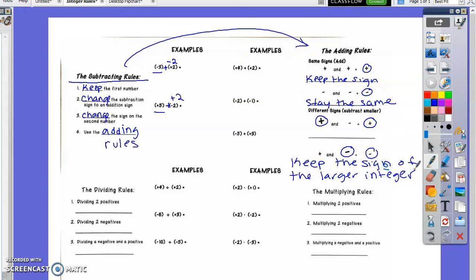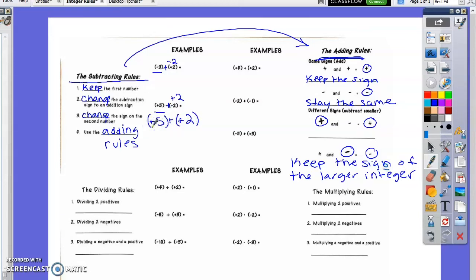Okay? So now that we know what these addition rules are, we can now complete the subtracting rules. So let's try out the second example for you so that you know what you need to do, and then you can try out the first on your own. So if we have this +5, we're keeping it as a +5. We're switching the sign to a positive. And then we are also switching the sign of the second number, which was -2, so now it is +2.